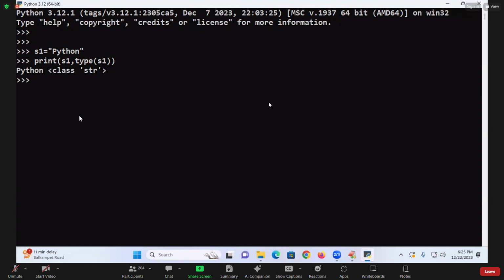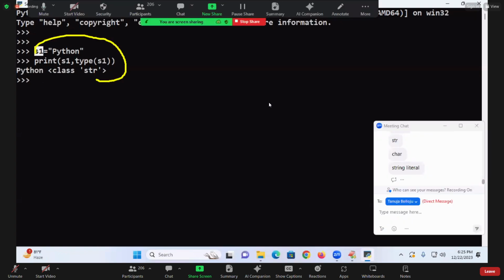What is this? Please look at it. What is this "Python" called? String literal. Spell out. Literal is nothing but a value. What is S1 called? An object. Of which type? Of type str. What is str here? If somebody asks you what is str, it is a predefined class.